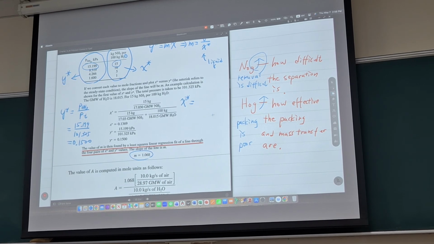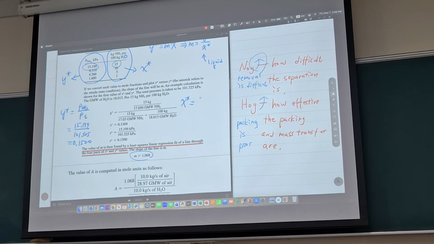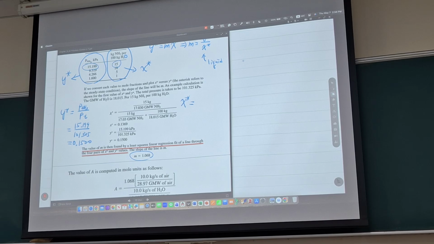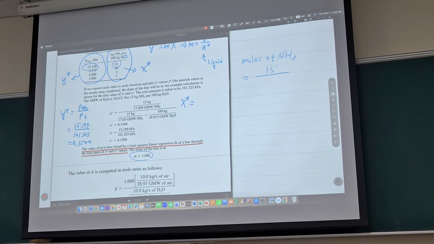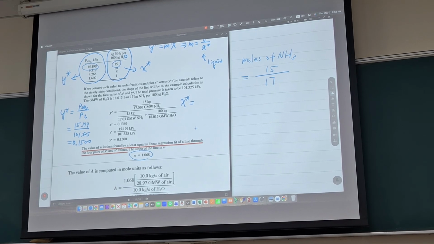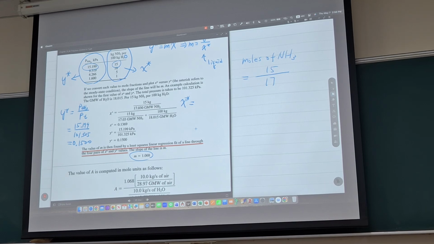So first of all, we can calculate the moles of ammonia first. So mole ammonia equals 15 over 17 kilogram. Okay.